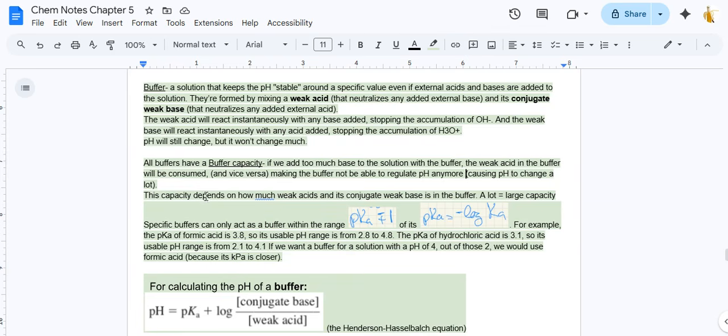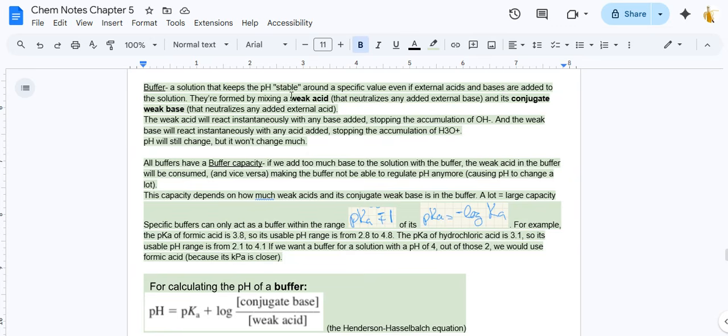So pH will start changing a lot. And this capacity depends on how much weak acid and its conjugate weak base there is in the buffer. So if a buffer only has a little bit of weak acid and a little bit of its conjugate weak base, if we add external acids and bases to it, it will quickly be used up.